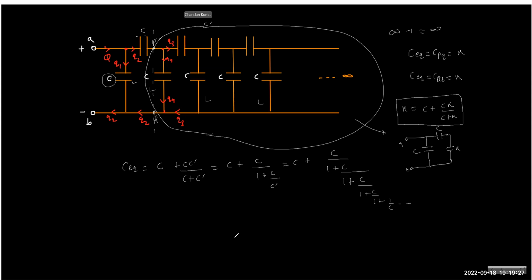Plus minus root 5 C by 2. Very good. So X turns out to be how much? Root 5 minus 1 by 2 into C, right? This is what you got? Yes, just right. But plus minus. What you have to take, only plus, no minus?